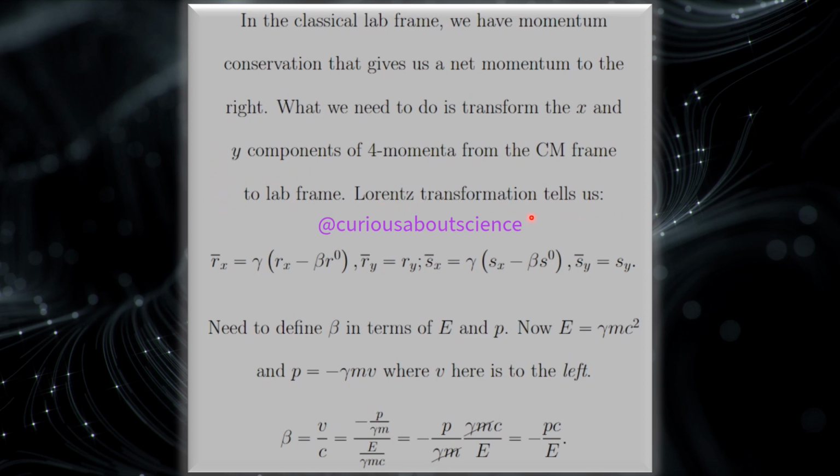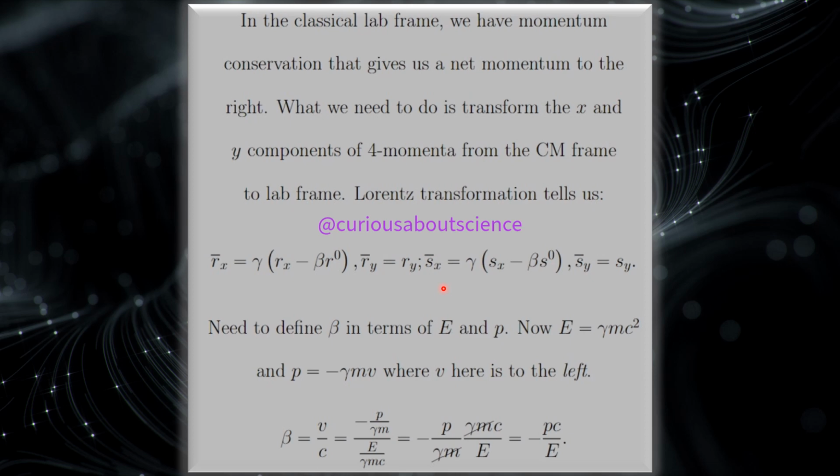The Lorentz transformation tells us that going from CM to the lab frame has a factor gamma times Rx minus beta R naught, again the zeroth component. So cool there. Y stays unchanged. Again, we have to shove the framework to the right if we're going from the CM frame to the lab frame.